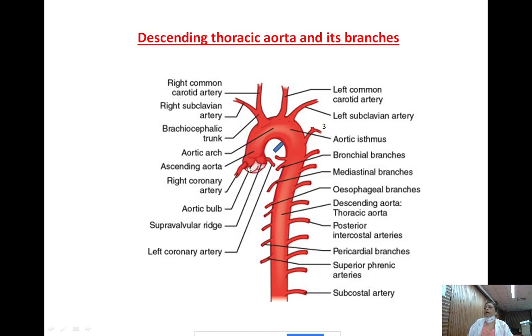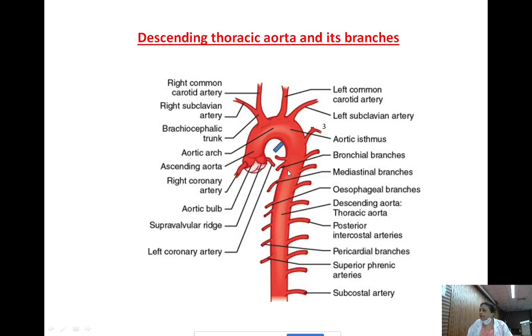From the ascending aorta, there are two branches. One is the right coronary artery, one is the left coronary artery. The right coronary artery arises from the anterior aortic sinus and the left coronary artery arises from the left posterior aortic sinus.